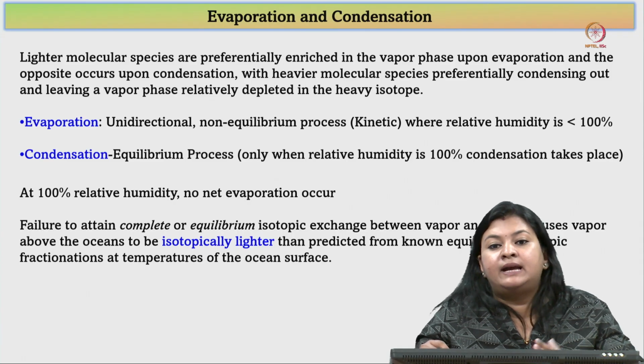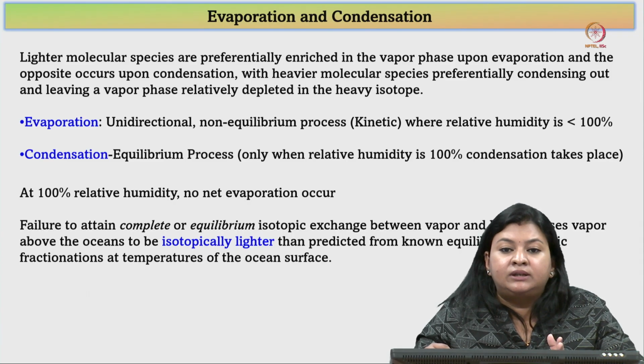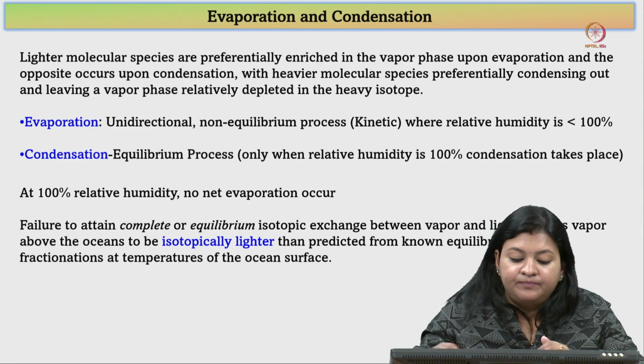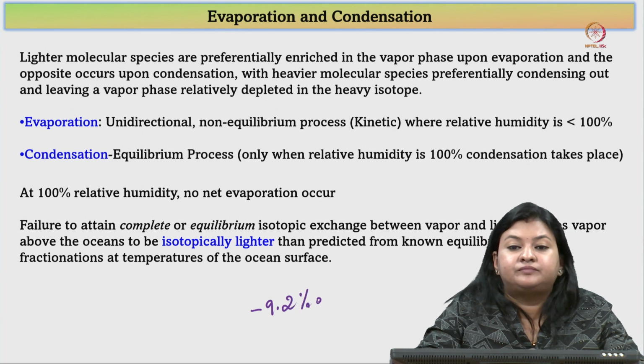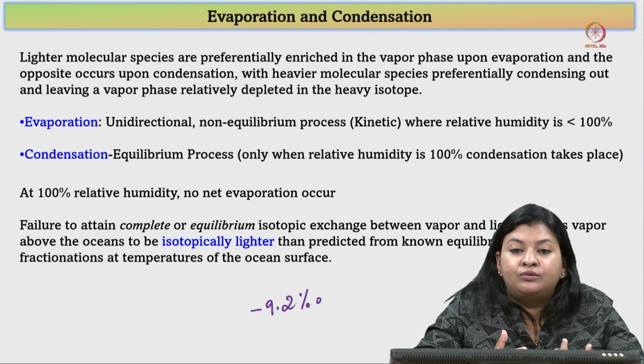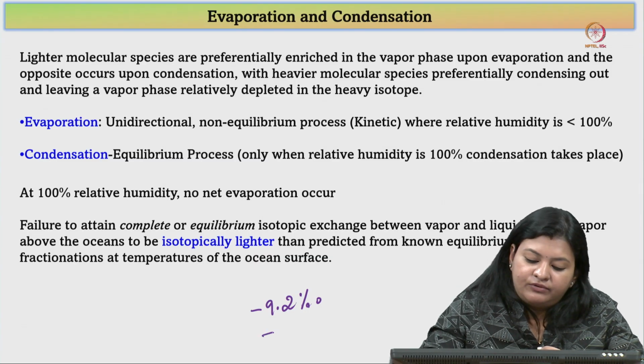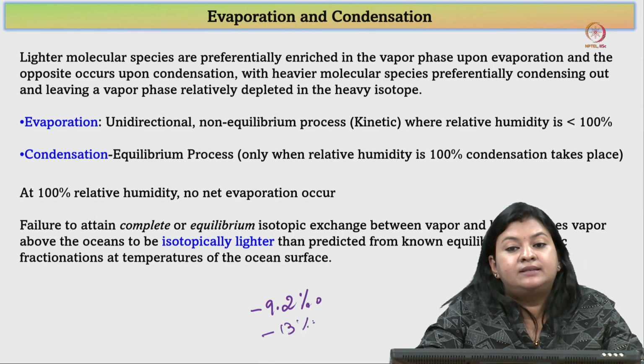It is always lighter. From our theoretical equations, we expect the vapor composition to be minus 9.2 parts per mil. But when we take a vapor above the ocean mass and measure it, we find the value to be minus 13 parts per mil. So that is the difference.